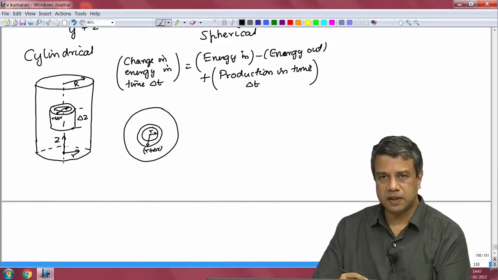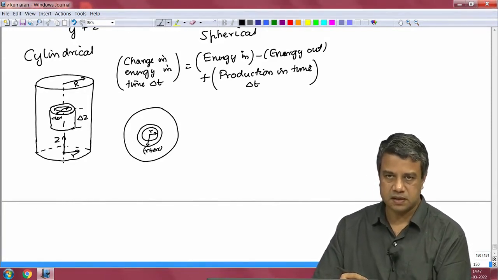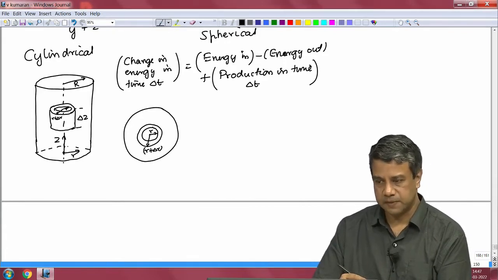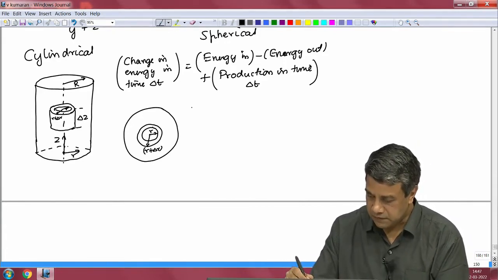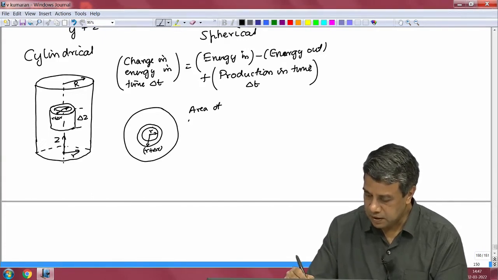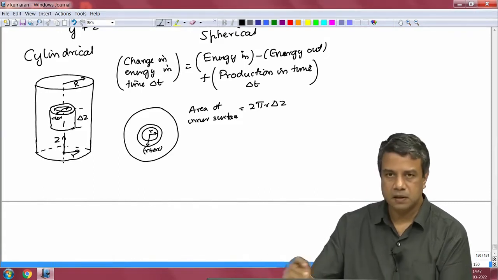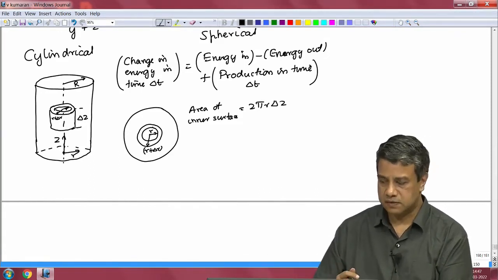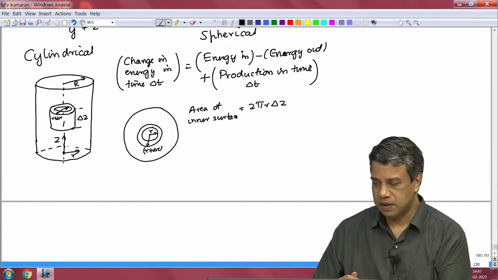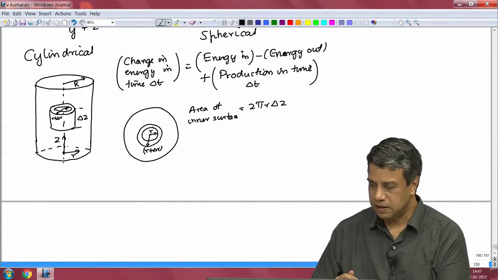This is bounded by two surfaces, the inner cylinder and the outer cylinder. So, the area of the inner surface is equal to 2 pi r times delta z. 2 pi r is the circumference of the inner surface, and 2 pi r times delta z is its surface area.